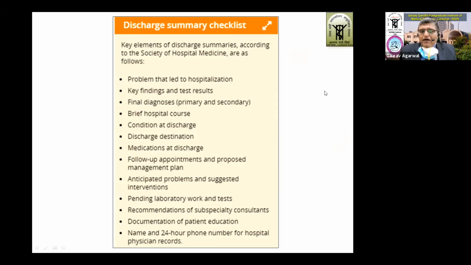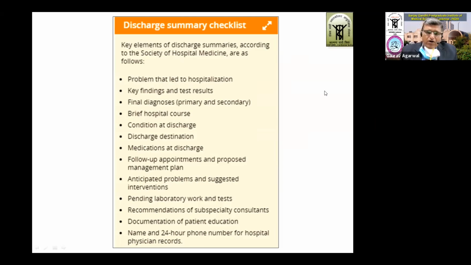Recommendations for subsequent consultations or cross consultations, documentation of the patient's education about the medical condition the patient has been treated for. For example, the patient is diabetic, the patient would have been advised how to check their own blood sugars, what to do about their diet, and then the foot care and whatnot.